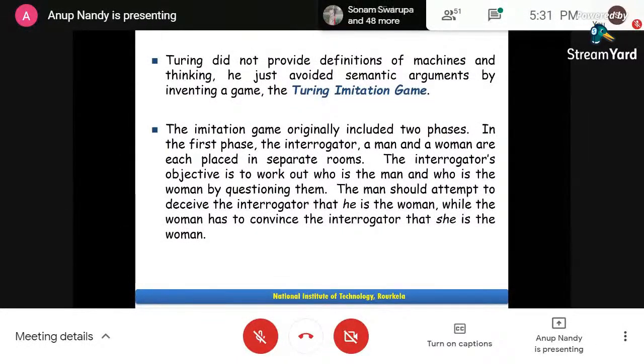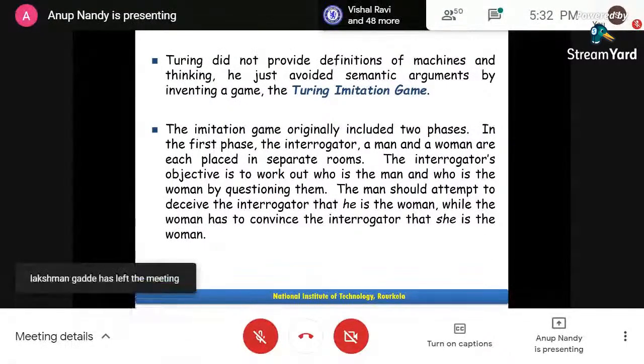Each was connected to a terminal, and the interrogator asked questions and they gave their answers. Based on their answers, the interrogator had to decide who is the man and who is the female. The man always attempts to deceive the interrogator into thinking he is the woman, while on the other side, the woman has to convince the interrogator that she is the woman.